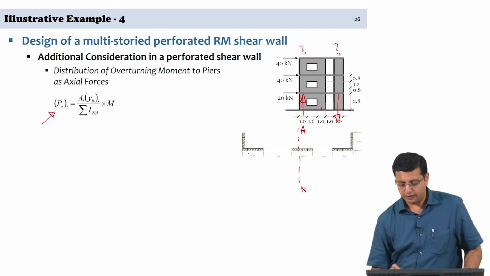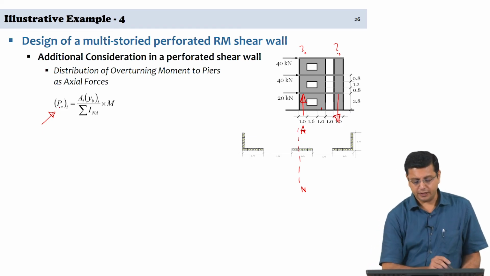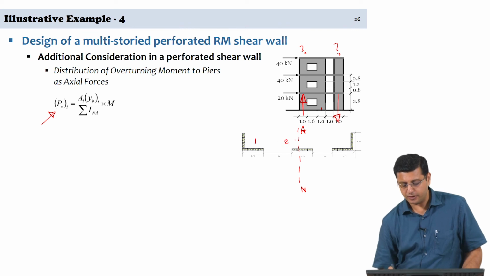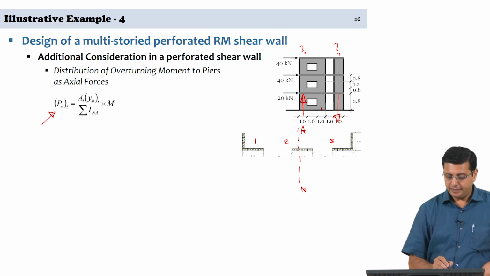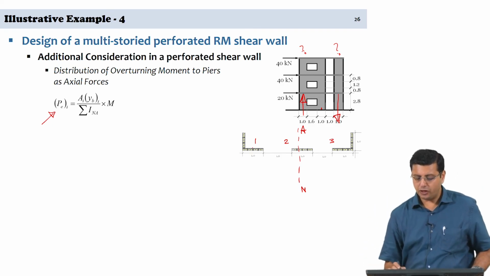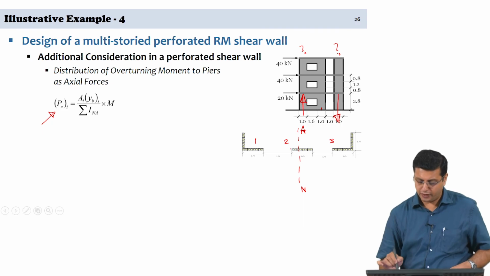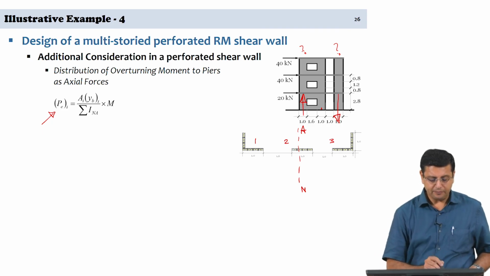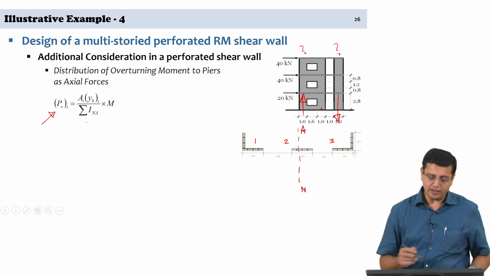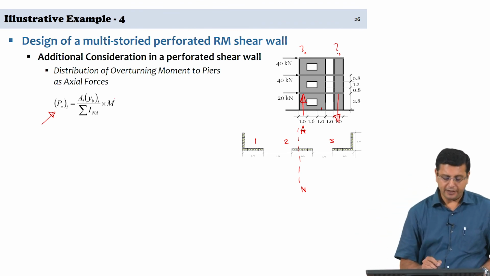The wall is made out of 3 different piers, you have pier 1, pier 2 and pier 3, and therefore, we will be able to estimate the axial force corresponding to each of these piers, in this case pier 1, pier 2 and pier 3, as the area of cross section of each pier, Ai, into Ybi, which is nothing but the distance from the centroid of each of the piers being considered to the neutral axis, divided by the total moment of inertia about the neutral axis, multiplied by the overturning moment.